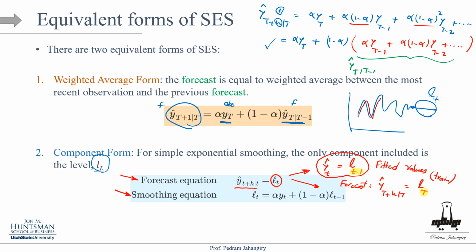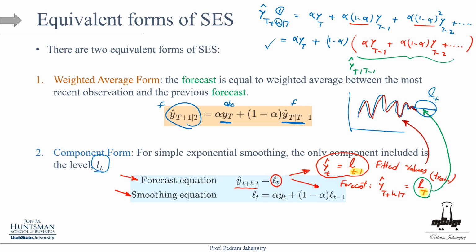The level is going to change, and depending on your alpha, this is going to change differently. So this is your fitted values, and now let me use another color. This is your forecast into the future. Hopefully that makes sense. In the train set these fitted values are changing because there's a level historically, but projecting into the future, it doesn't depend on h.